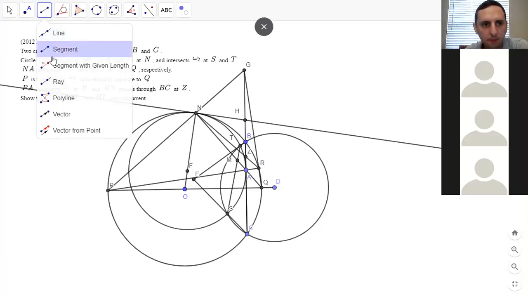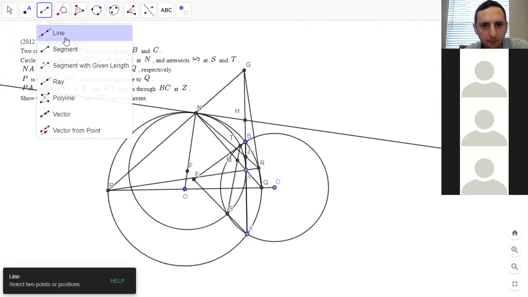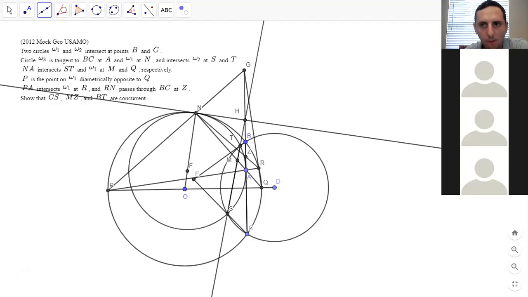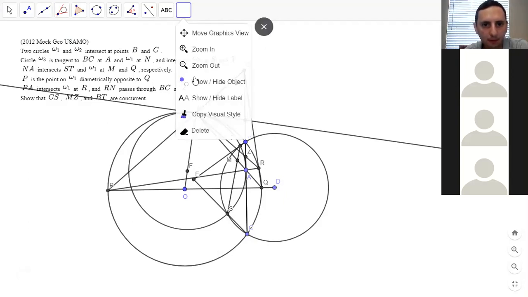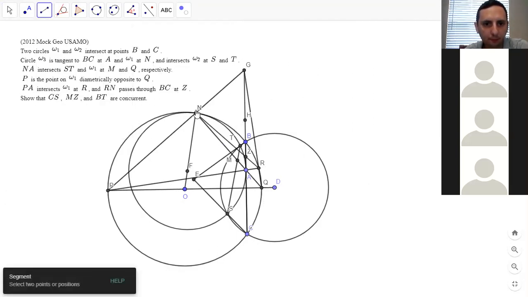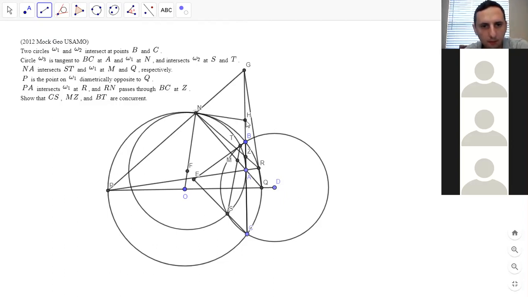Okay. Interesting. Seems like a good idea. Yeah, I like that because it uses the tangent at point N.